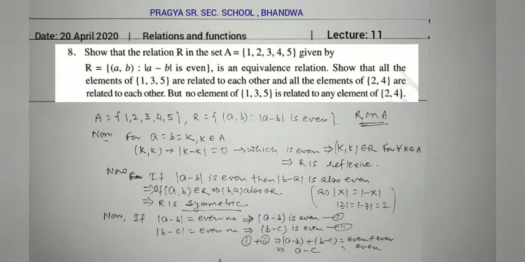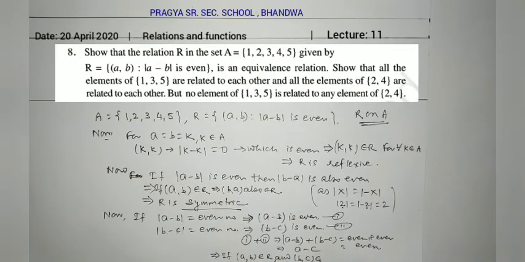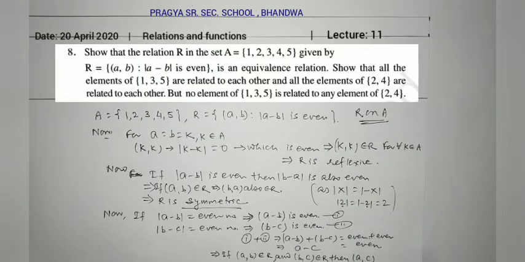So what we can say, that if A comma B belongs to relation and B comma C belongs to relation, then A comma C also belongs to relation.